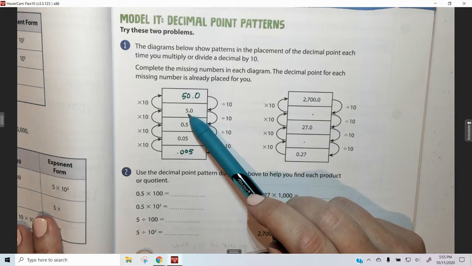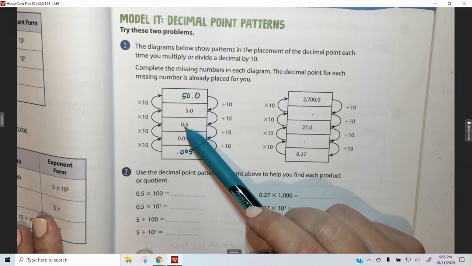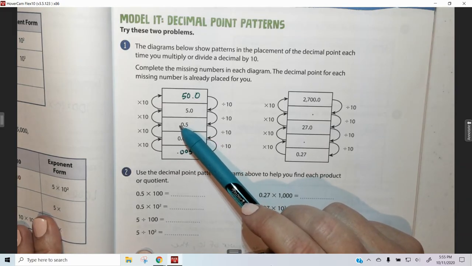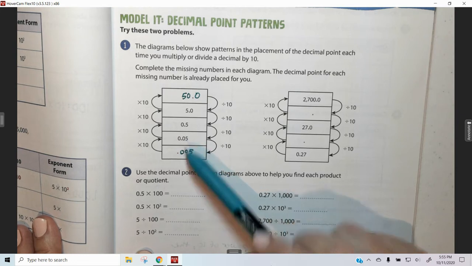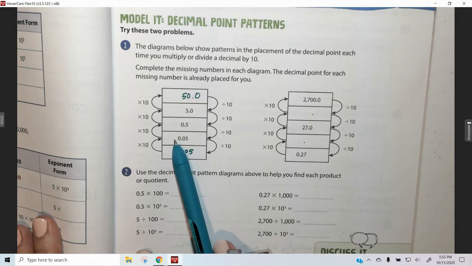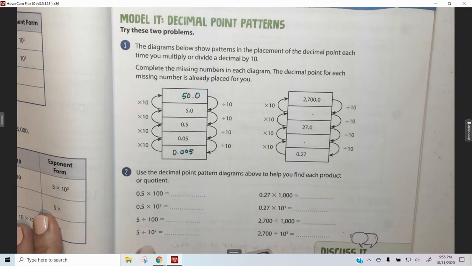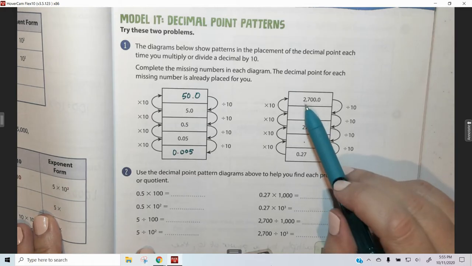Then when we divide by 10 more, the decimal shifts over 1 to get 5 tenths. When we divide 5 tenths by 10, that decimal point shifts over 1 and we get 5 hundredths. And then when we divide 5 hundredths by 10, that decimal point shifts over and we get 5 thousandths. I guess we should put that 0 there. Okay, it'll make a little bit more sense on the next page, but let's keep going.